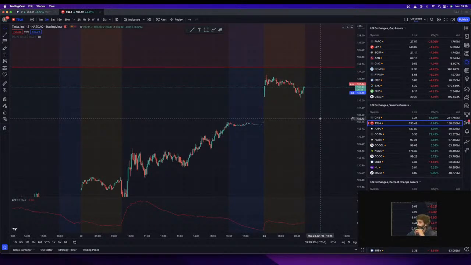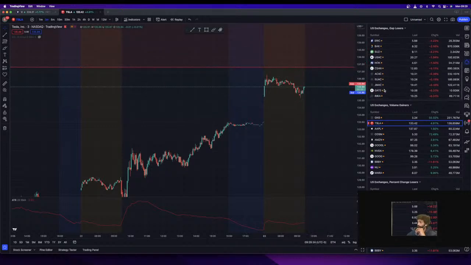What's going on there? 135 and change. Interesting. Still under that massive 137 resistance though. Almost half of the tech stocks are opening right at the resistance levels. So let's see if they can take it. If the first candle can't take it, it's going to be a disastrous day. Gap and crap sort of thing. Let's see.